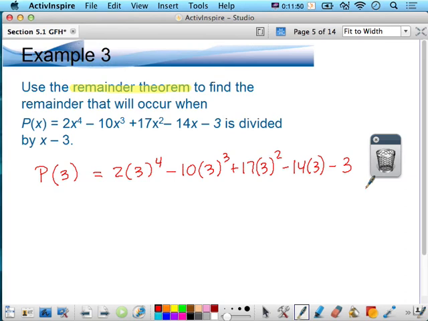3 to the fourth power is 81. 3 to the third power is 27. 3 to the second power is 9. And 14 times 3, I can go ahead and work out because I don't have an exponent there, is negative 42 minus 3.